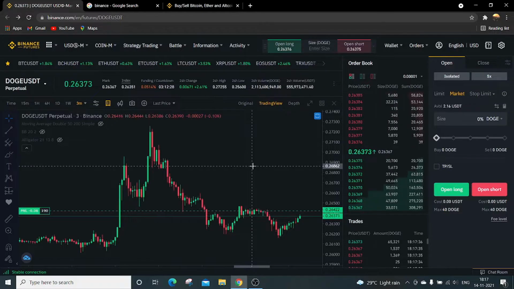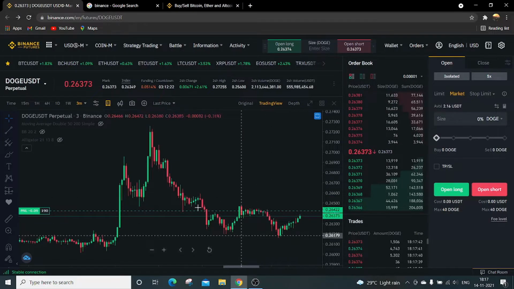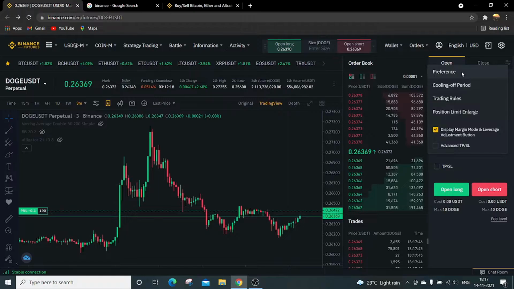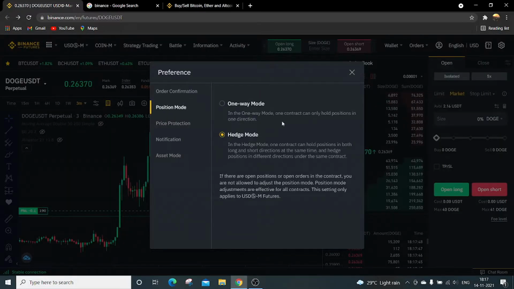You can take a second trade in the long position only. You can't take the short position on the same graph. But in hedge mode you can take a long position as well as a short position at the same time, for the same cryptocurrency pair.